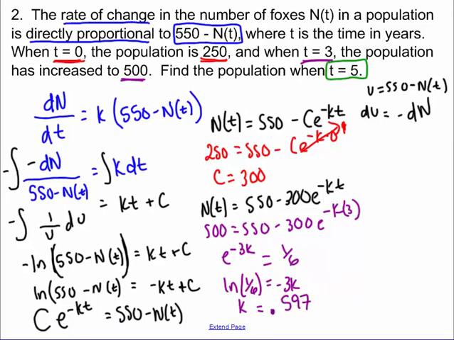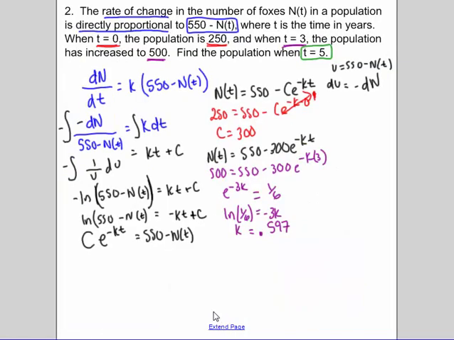So now, let me extend our page. We have our big equation. Honestly, the only calculus we did was to here. Now this is all algebra. Okay, now I have my equation. N of t is equal to 550 minus 300 e to the negative 0.597 t.